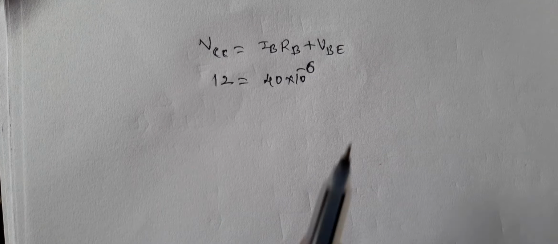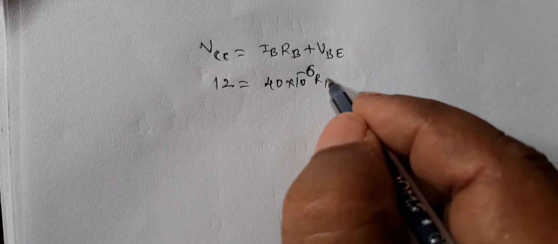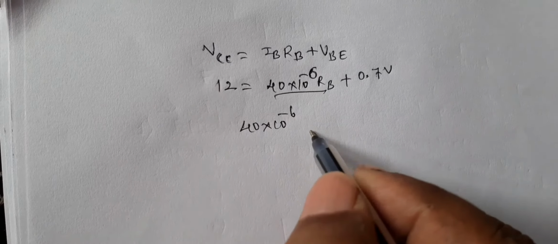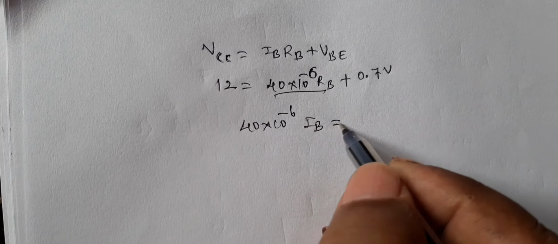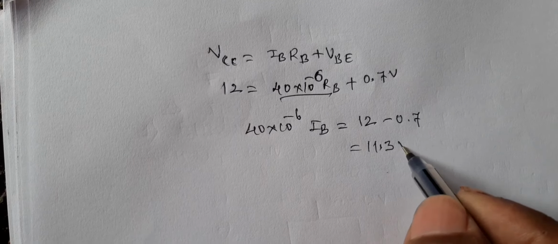And VBE is given as 0.7 volt. Therefore, 40 into 10 power minus 6 times RB is equal to 12 minus 0.7, which is equal to 11.3 volts.